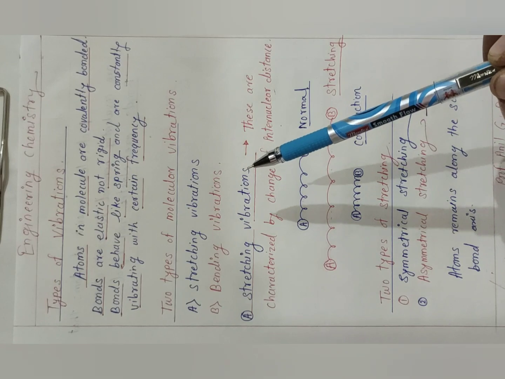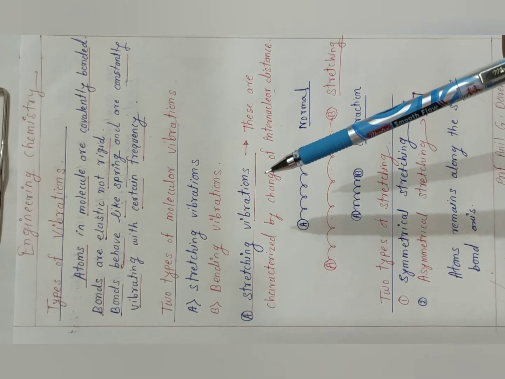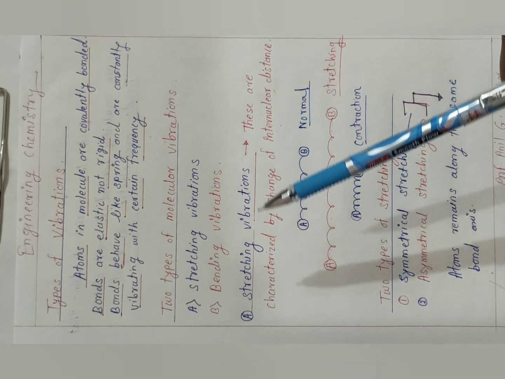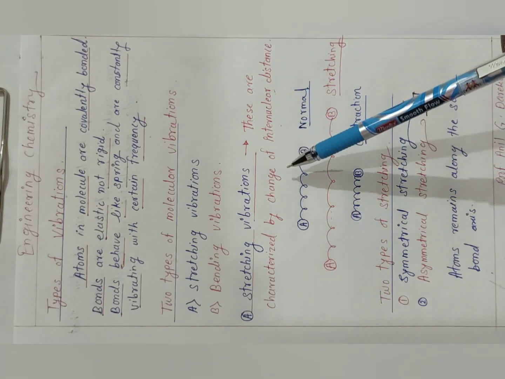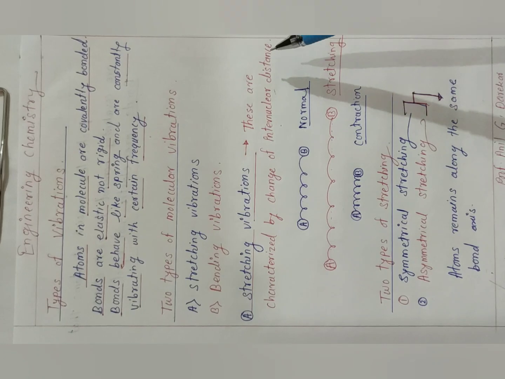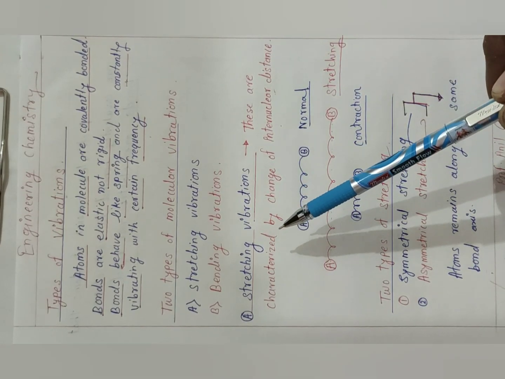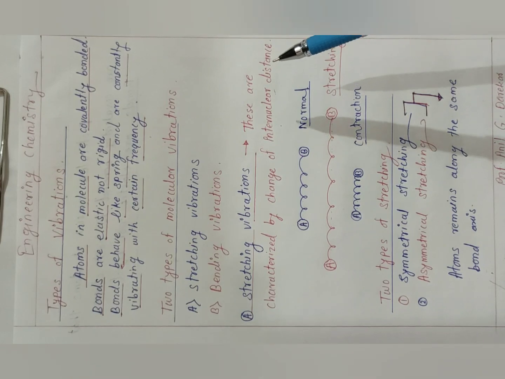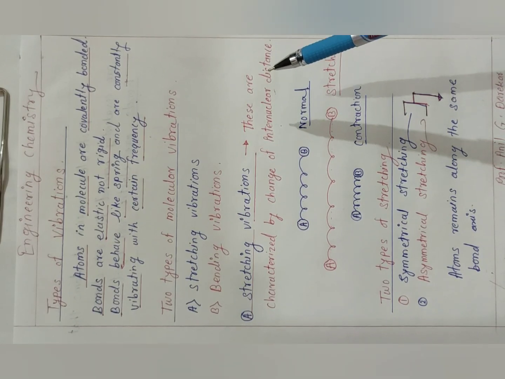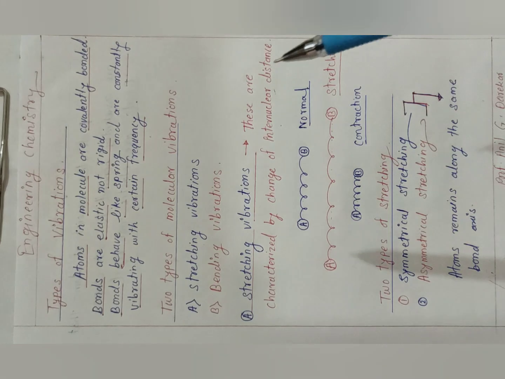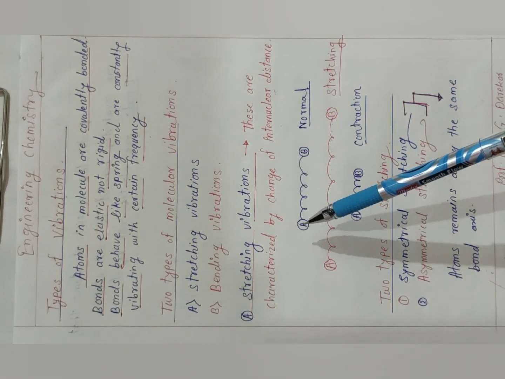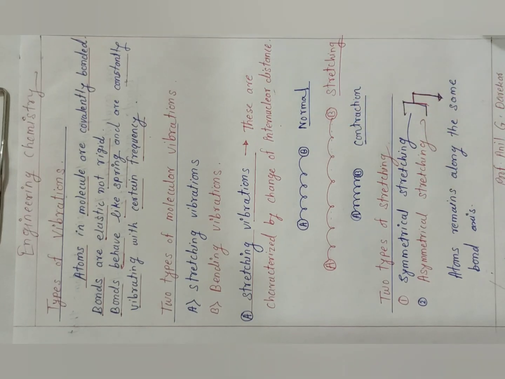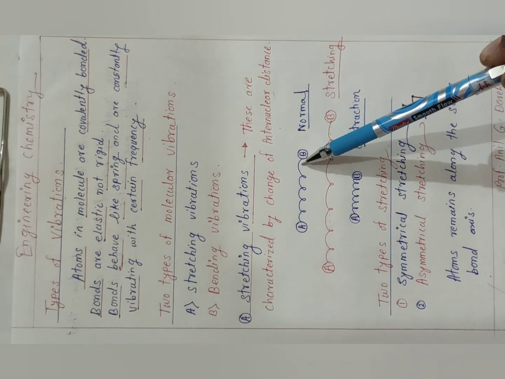Now how do we characterize that stretching vibrations are taking place? Stretching vibrations are characterized by a change of internuclear distance, means the distance between two atoms changes. You can see this diagram, A atom and B atom. This is the bond length between A and B atom. Now this is the normal.